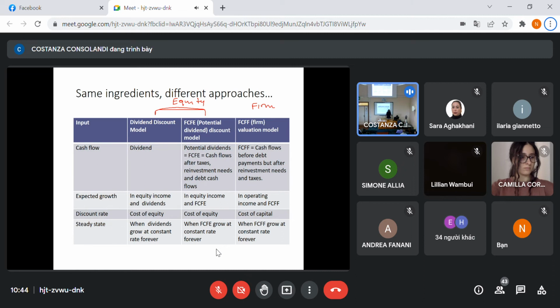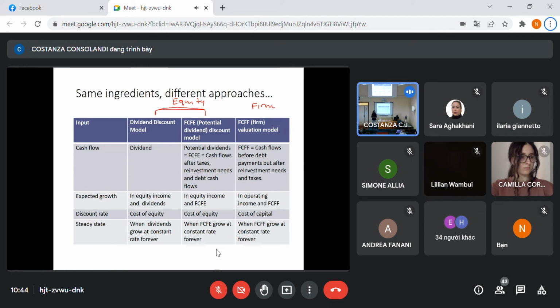In theory, if the company decides to have a dividend payout ratio of 100%, so it pays out the entire earnings as dividends, your free cash flow to equity and dividends will be the same.